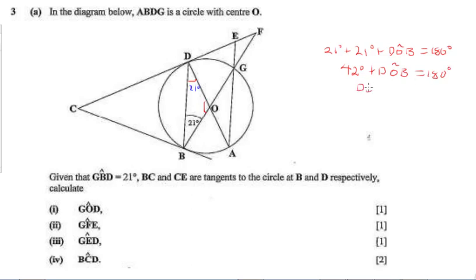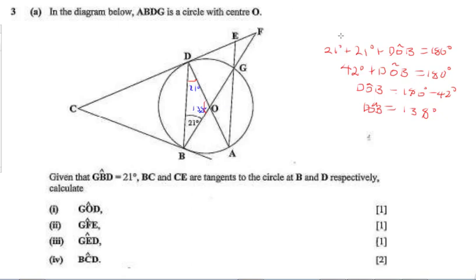So DOB is equal to 180 minus 42, which gives us 138 degrees. So the angle that's there is 138 degrees.